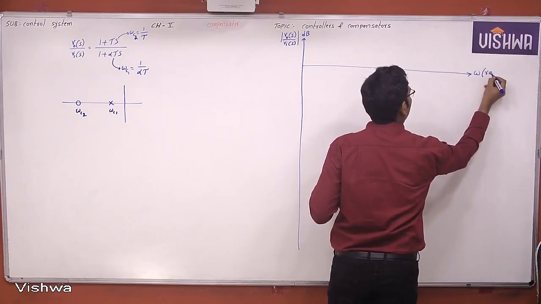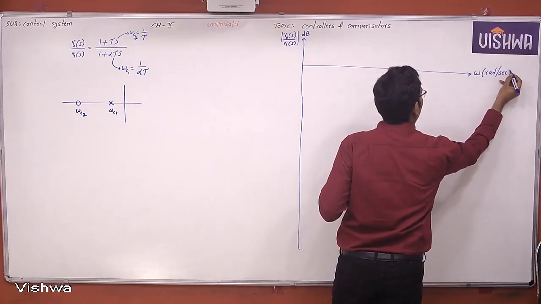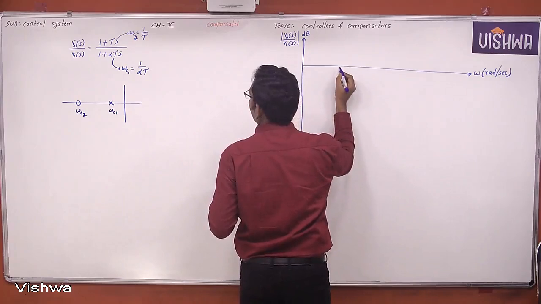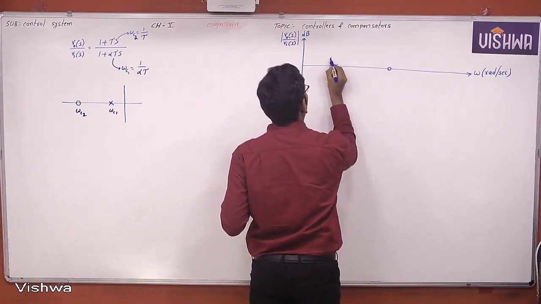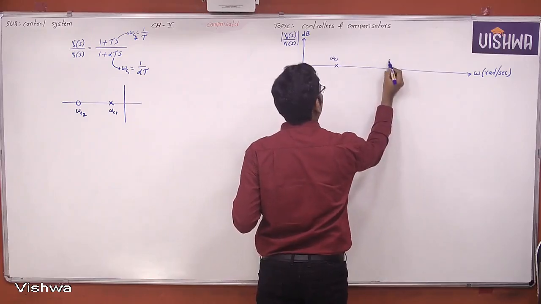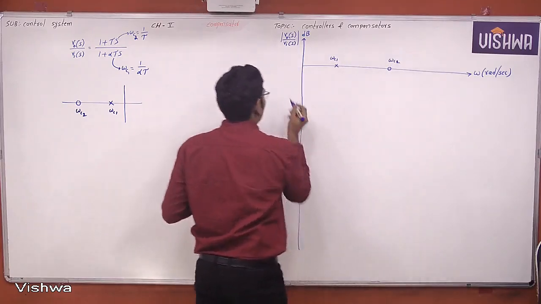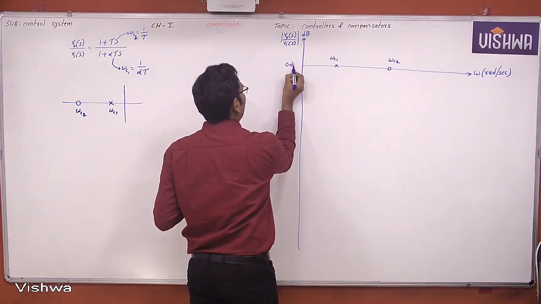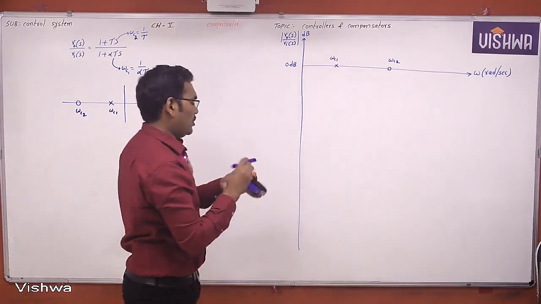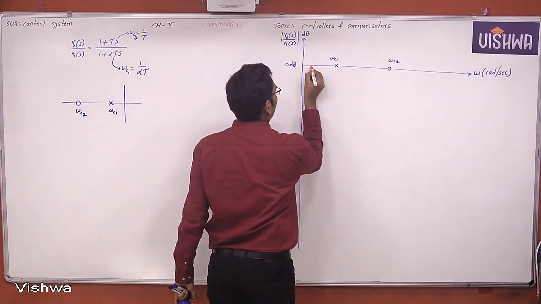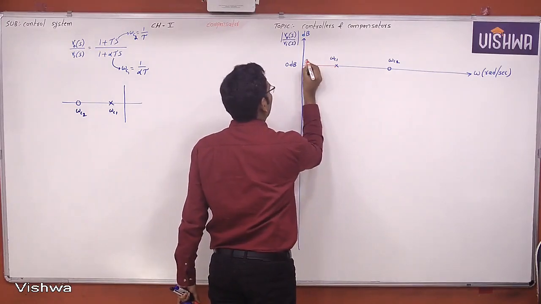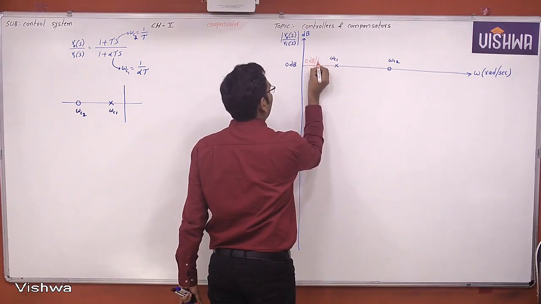These are the corner frequencies in ascending order. The first one is the pole, the next one is the zero. This is omega C1 and this is omega C2. Starting magnitude is 0 dB, and starting slope is 0 dB per decade.